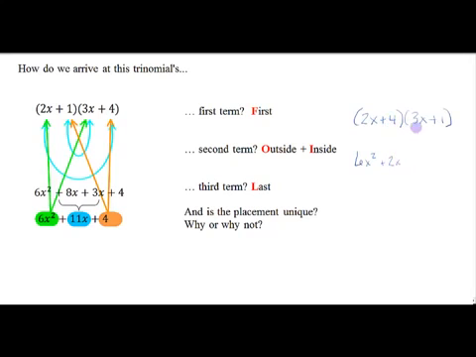We have the inside is a 12x. And the last is a 4. So when I collect my like terms, I have 6x squared plus 14x plus 4. And this is not what our trinomial was, so definitely the placement is unique.